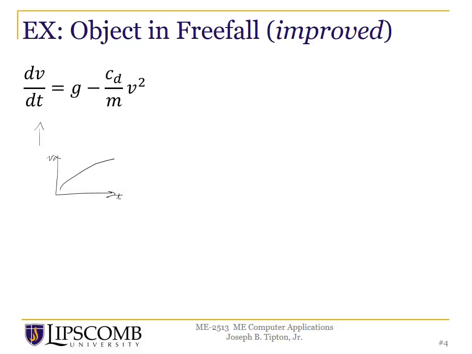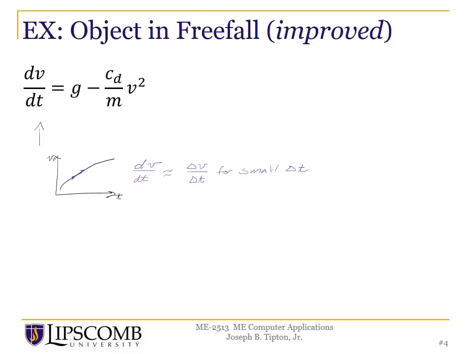However, for very, very small segments of time, we can get away with modeling that as a linear or straight line segment. In other words, I can say that dv/dt is approximately equal to delta v over delta t. And again, that's good for small values of delta t.